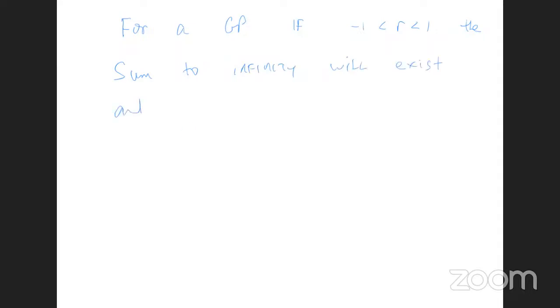And the sum to infinity is given by the formula A over 1 minus R. That's it. If I confused you a little bit, this is what I wanted you to learn. For a GP, once you have an R value between -1 and 1, the sum to infinity will exist. And that's how you find it.